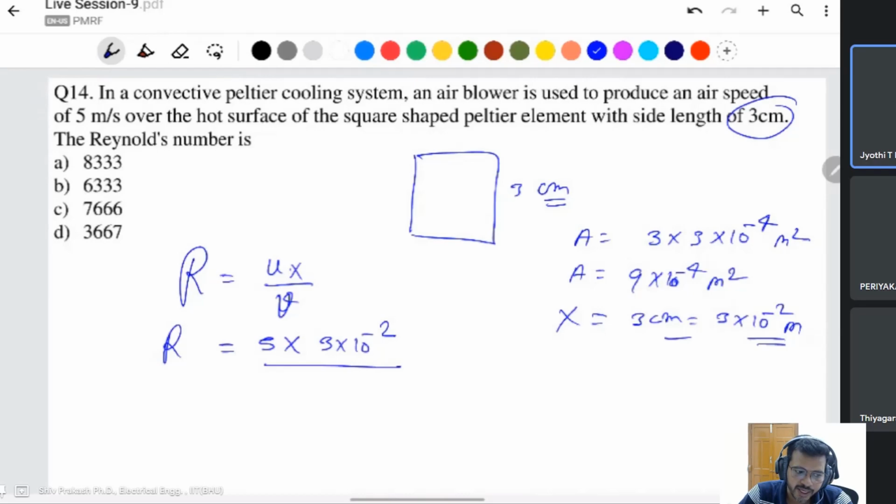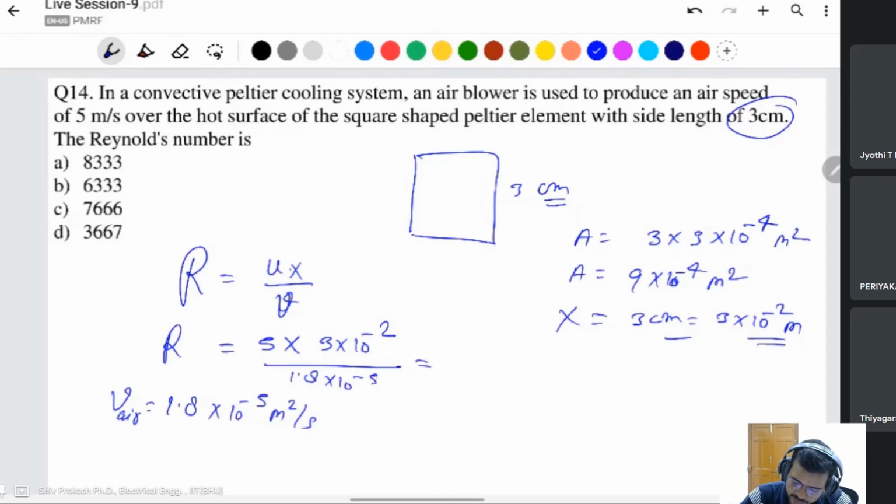The viscosity of air is a constant value, 1.8 into 10 to the power minus 5 meter square per second. So 1.8 into 10 to the power minus 5, and calculating the Reynolds number gives 8333.33.